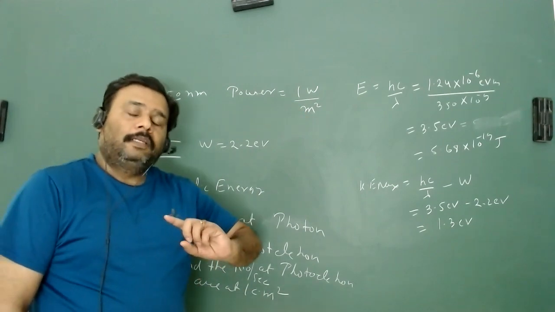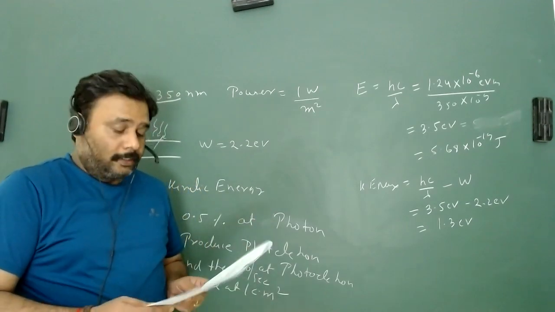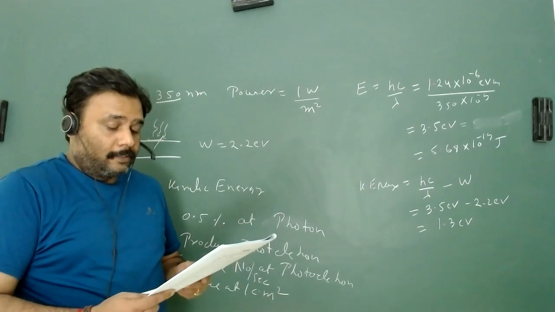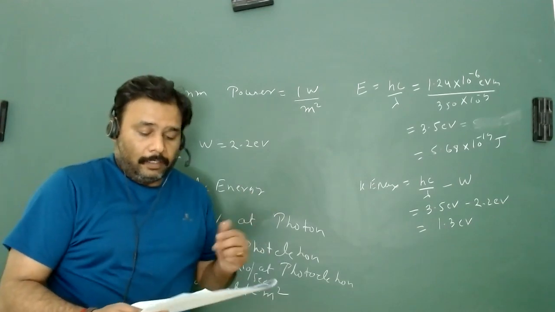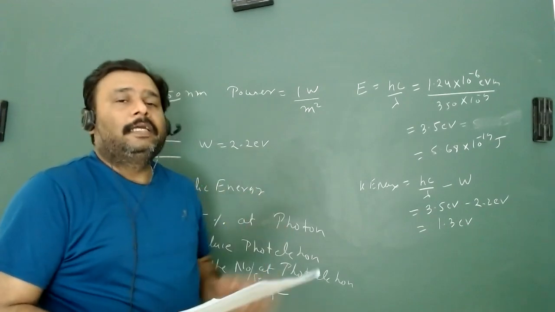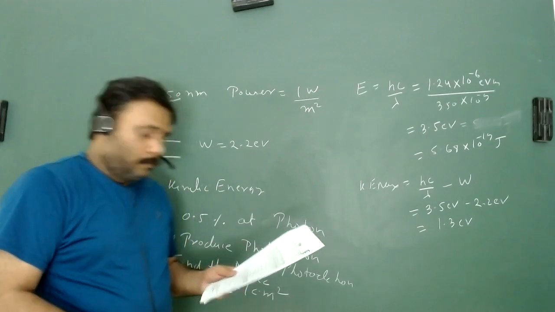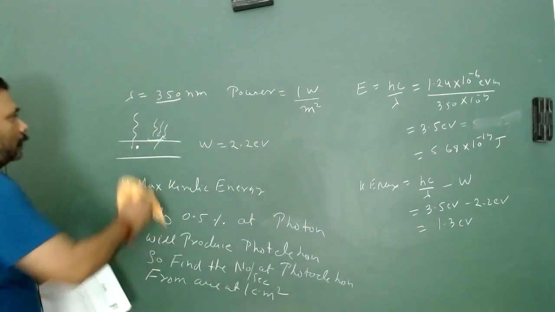So we first calculate the number of photons, and then we can calculate how many photoelectrons come out.